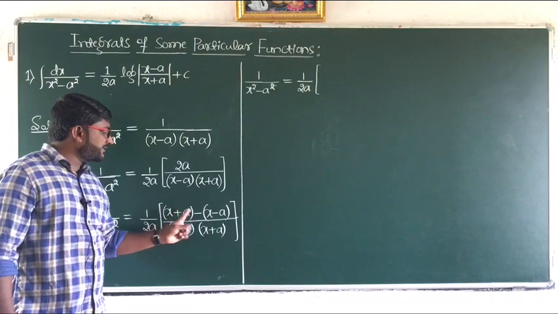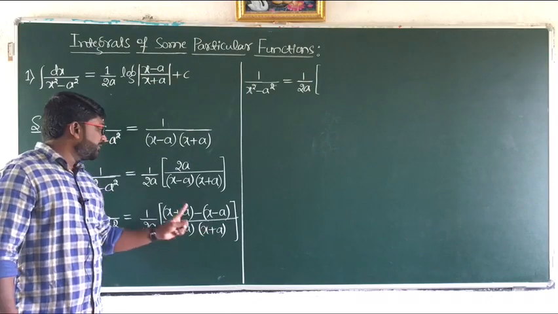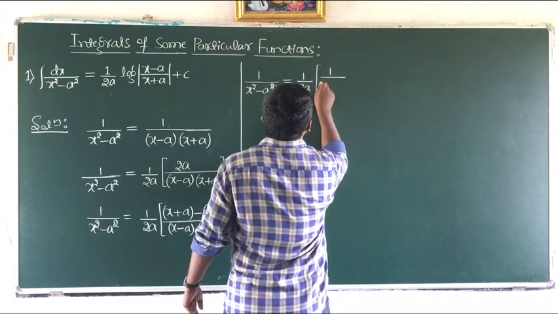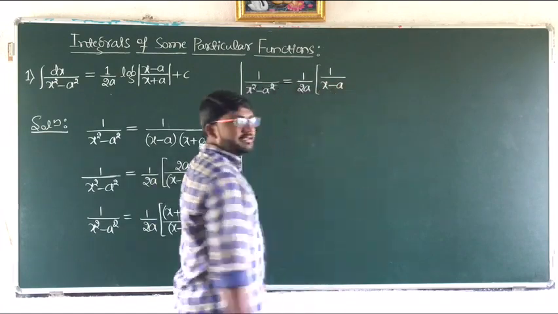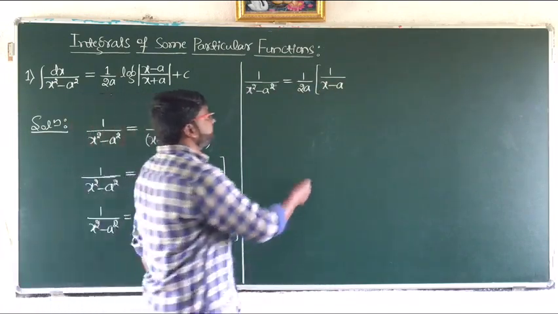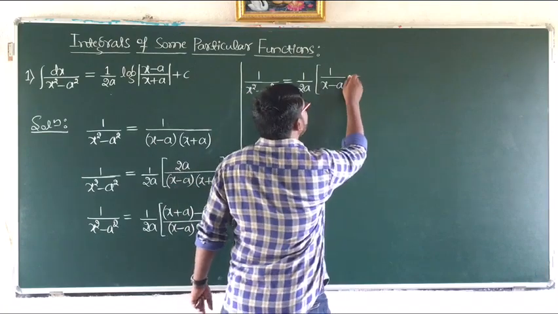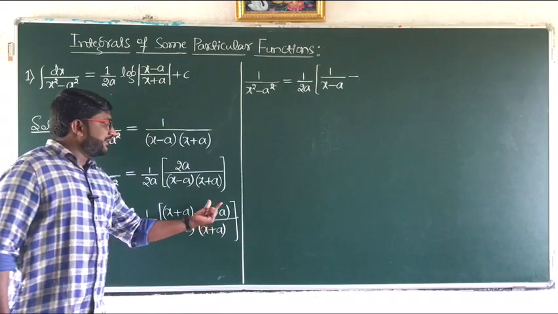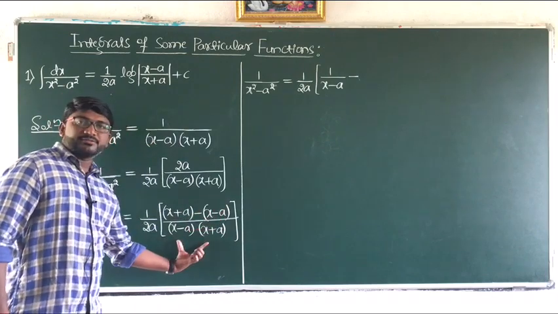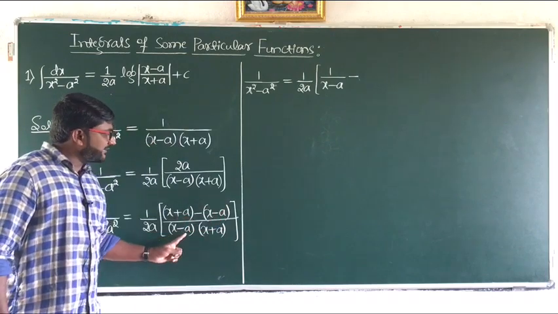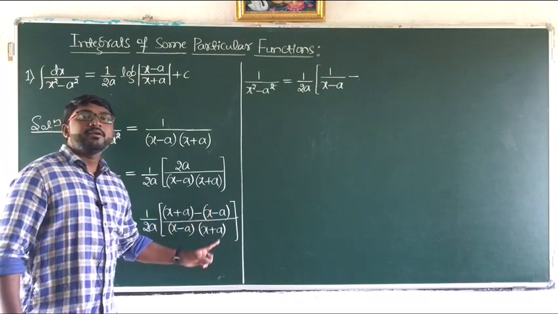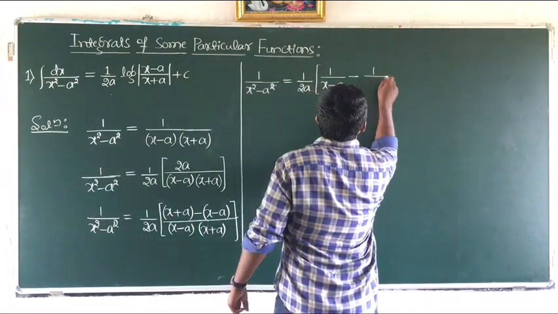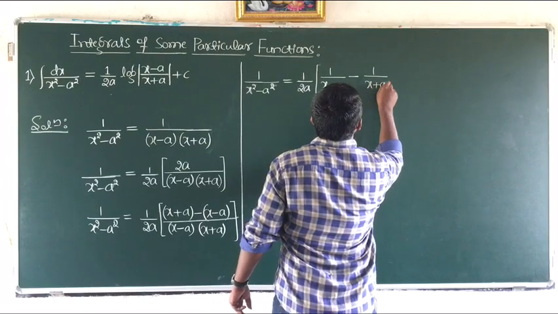Here x plus a and x plus a get cancelled, and we get only 1 divided by x minus a. Then minus x minus a divided by these two terms; x minus a and x minus a get cancelled, and we are left with only 1 by x plus a. So I write here 1 divided by x plus a.